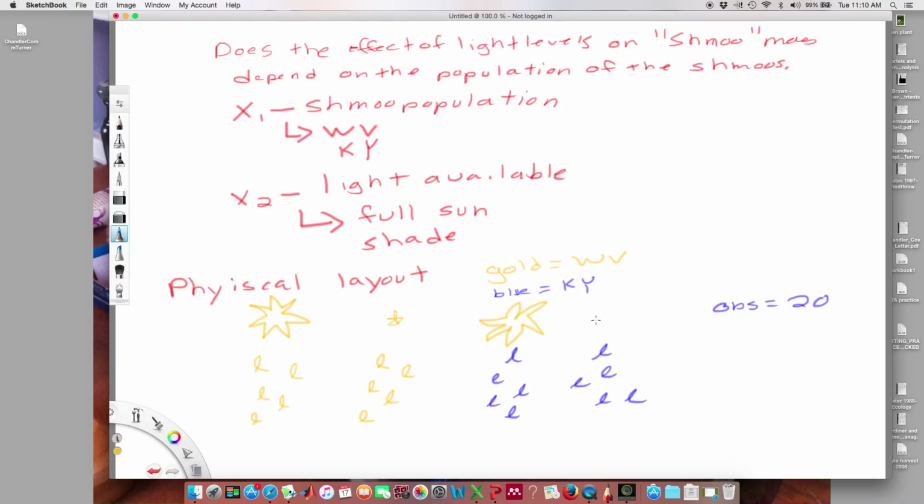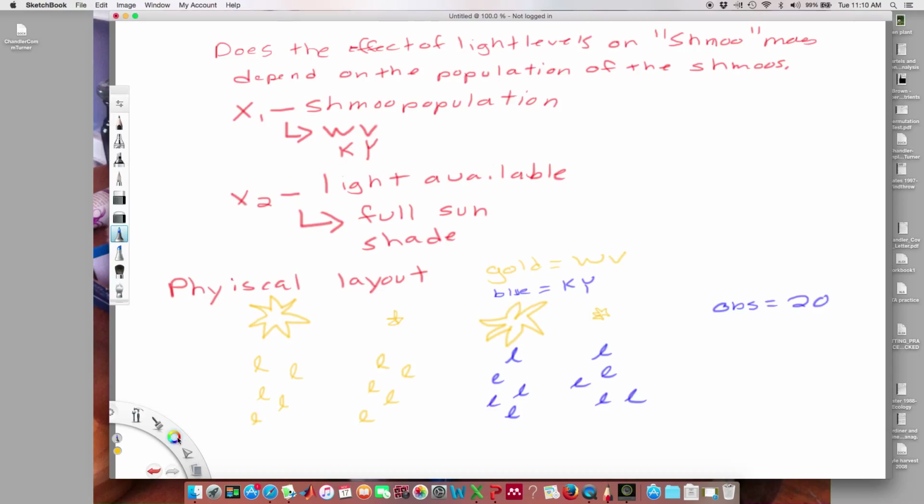It gets very little sun. And the same thing with our Kentucky ones. So we're taking two different populations, West Virginia and Kentucky, and applying two different types of light availability, full sun and shade. We want to make sure that each one of our populations receives the same or similar treatments.